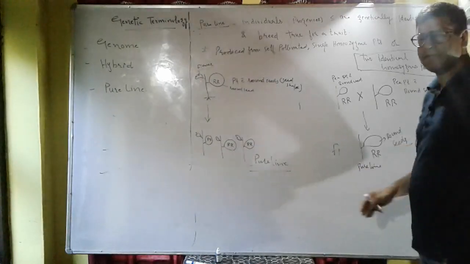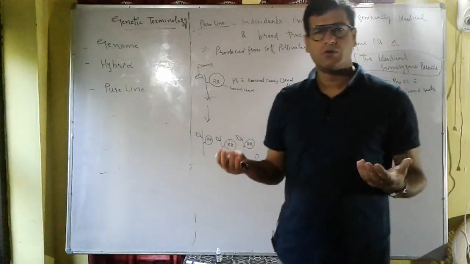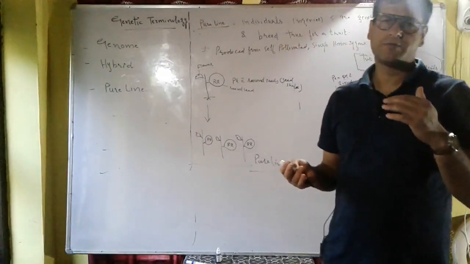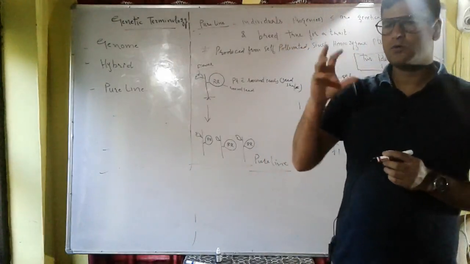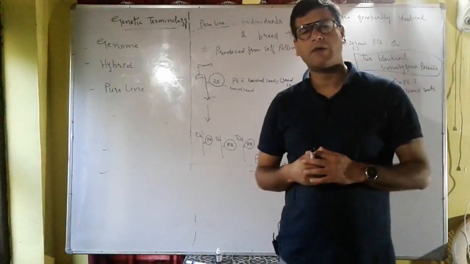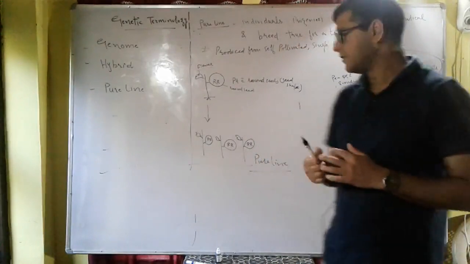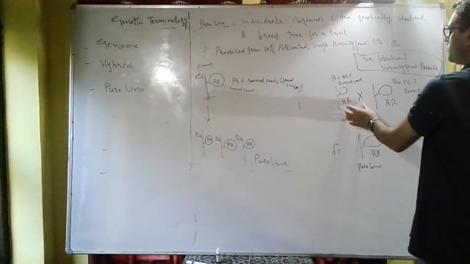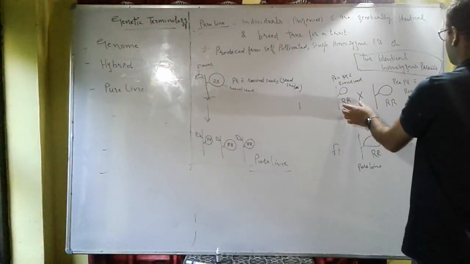So a pure line can also be produced from two identical homozygous plants, that means these homozygous plants have two identical alleles. We have produced the pure line from two homozygous parents.